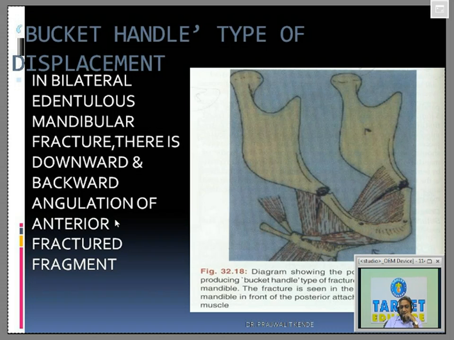And this particular body, or rather the bone, looks like the handle of a bucket, and that's why it is called a bucket handle type of fracture. So downwards and backwards, this particular fragment will get displaced. This is how the influence of the muscle on the fracture takes place.